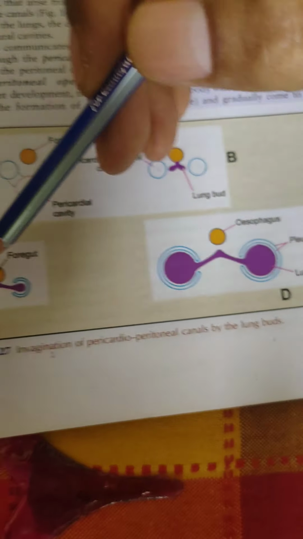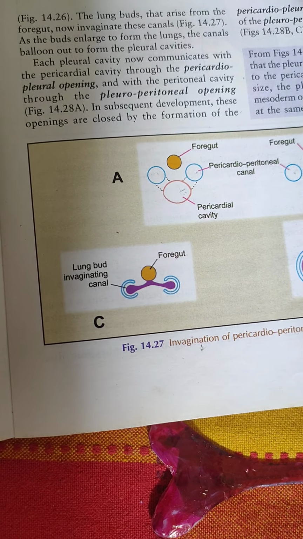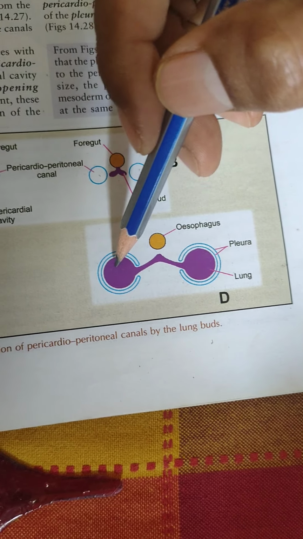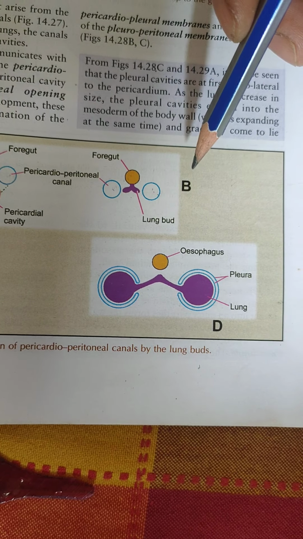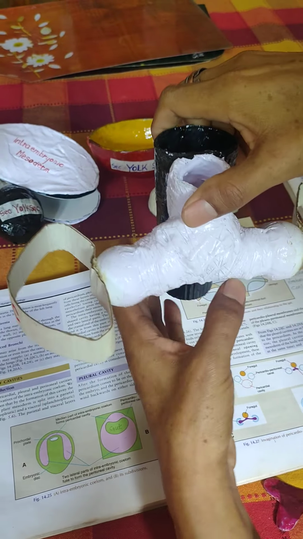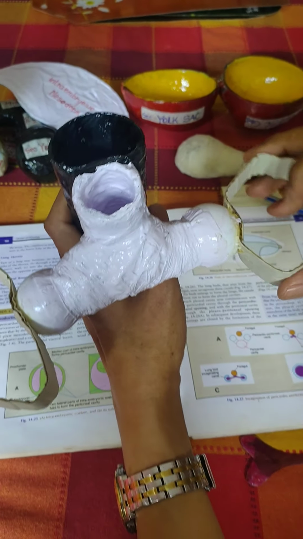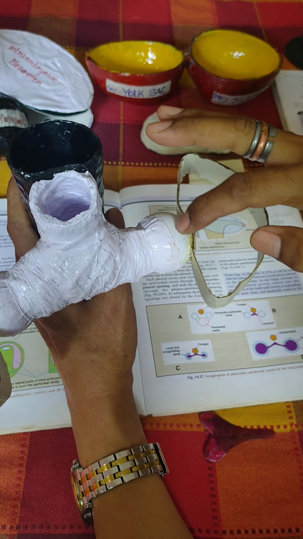Then there will be development of this lung bud. So this lung bud is invaginating the PPC, pericardioperitoneal canal. So this PPC will be invaginated by this lung bud.